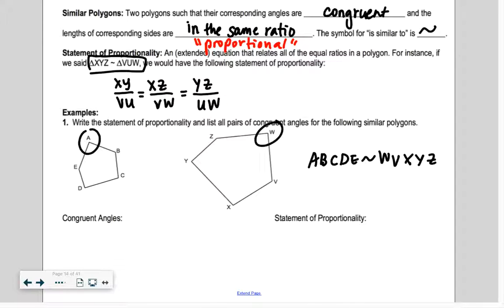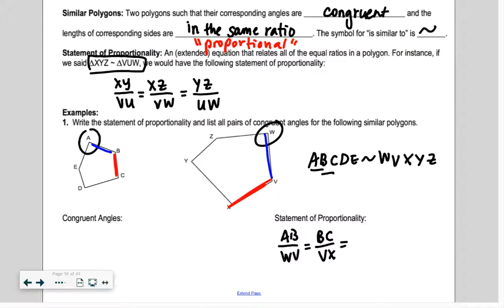All right, and then we start matching those up. So we're like, okay, AB over WV. So this side and this side. And then we do BC over VX. Do you guys see what it is? BC over VX equals, and we have all of those. So we would need to write all of them down. I know this is thrilling for you, but just keep going down the line.